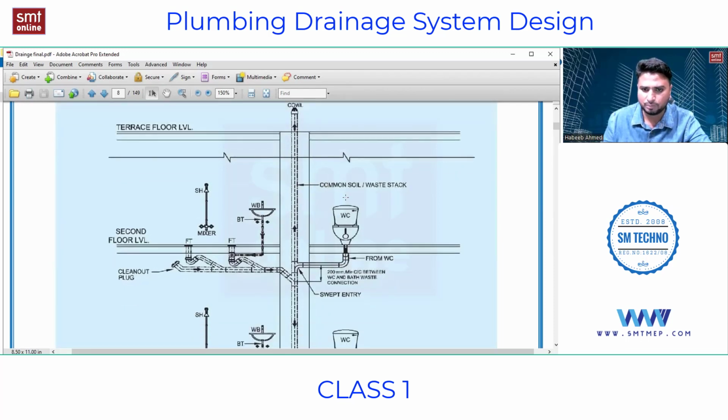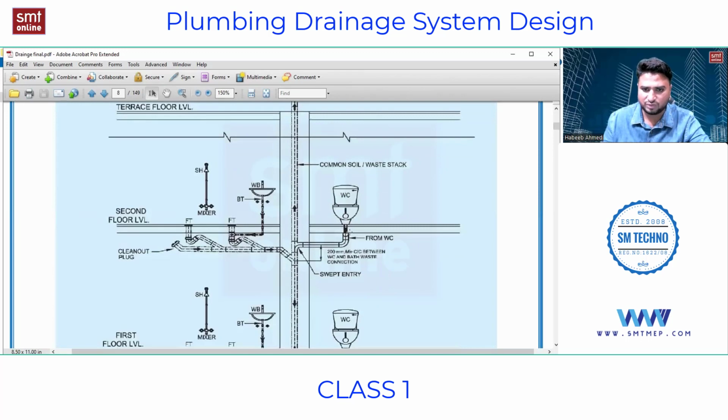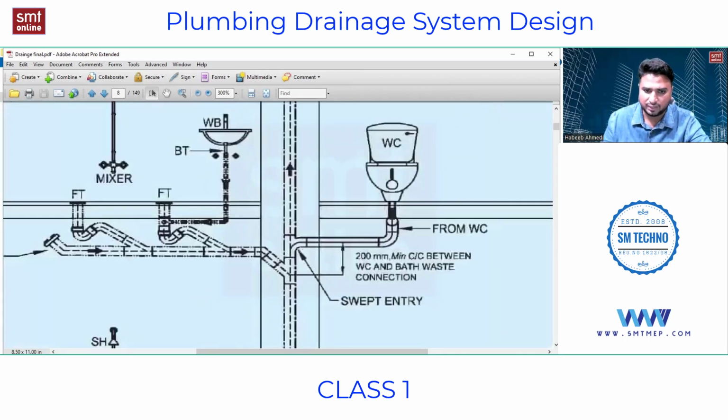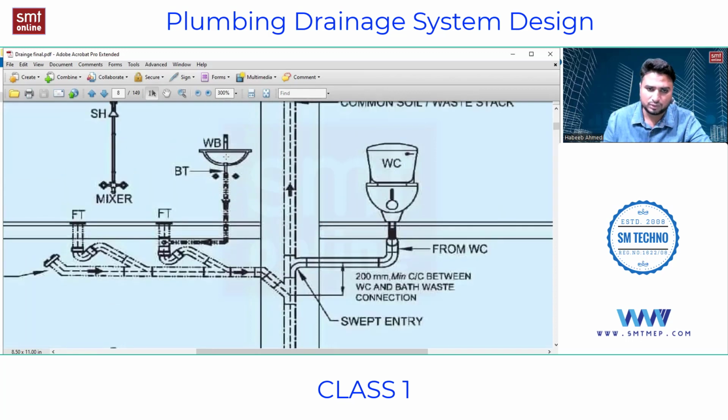Why I'm saying common? Because when the WC from this area is flushed out, you can see it is connected by means of a T to this vertical pipe, nothing but a stack. And from here, the water from this wash basin comes down through this bottle trap, turns again, and is connected to this floor drain. From this floor drain it comes down here and connects into this horizontal branch.